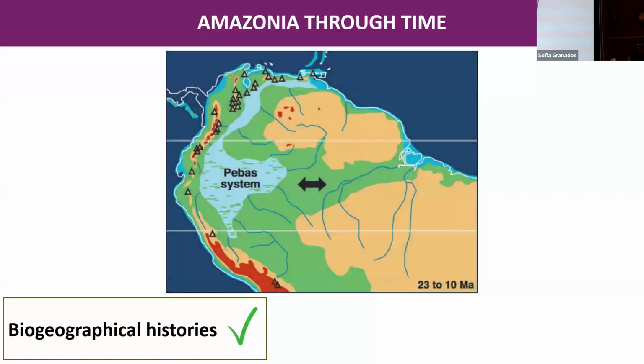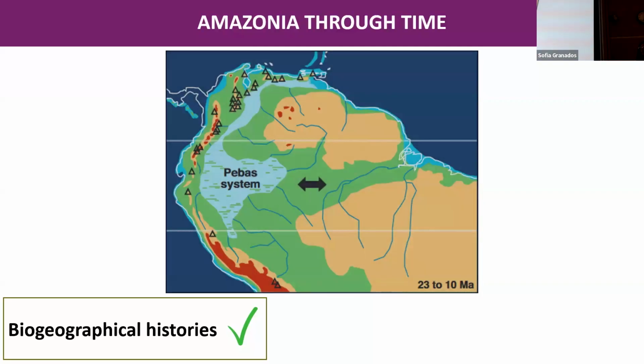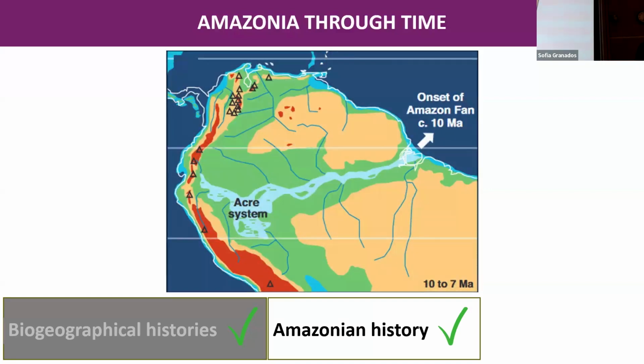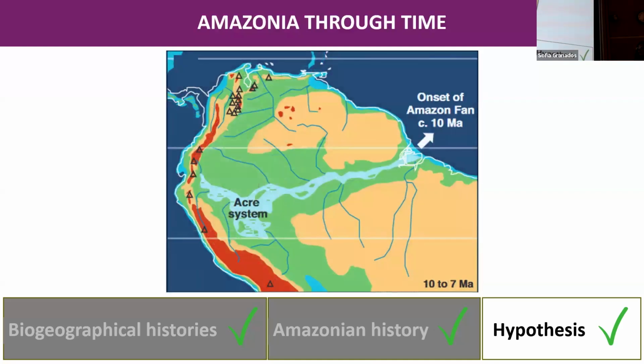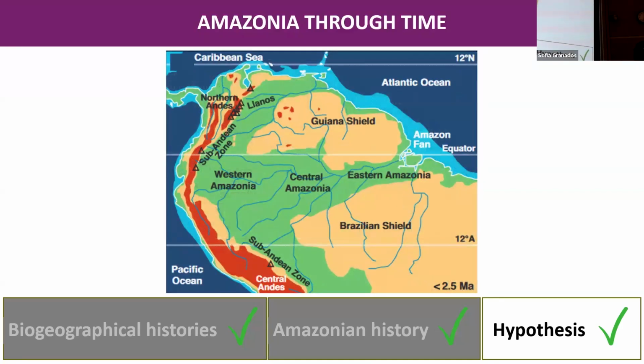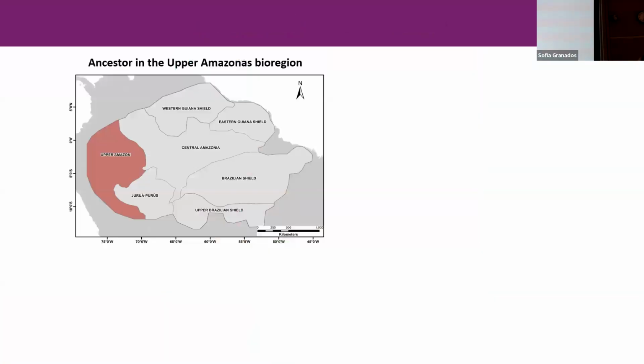So now that we know a little bit about our biogeographical histories, and about Amazonian history, I can start to formulate hypotheses to understand how these processes were influencing the biogeographical histories of my species. First of all, if you remember, we recovered that in all of the species at some level, this region right here, the upper Amazon bioregion in western Amazonia, was estimated as an ancestor of all of my species.